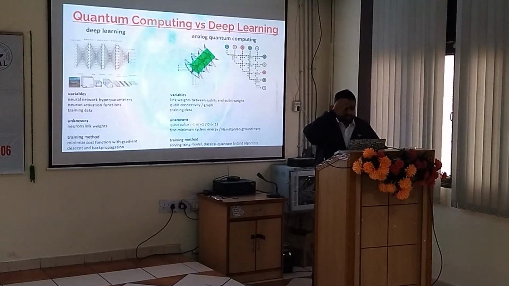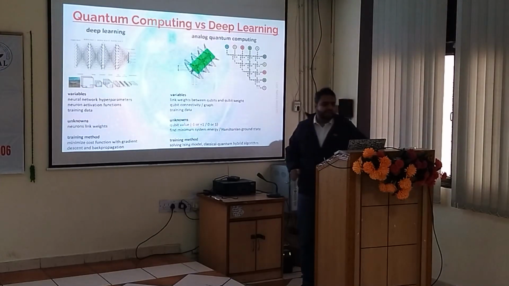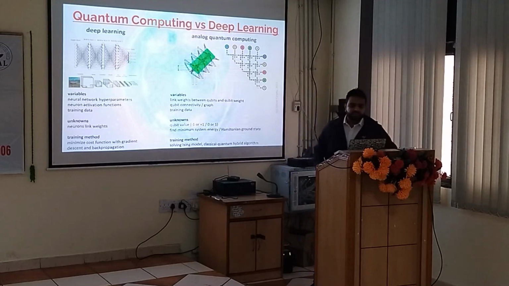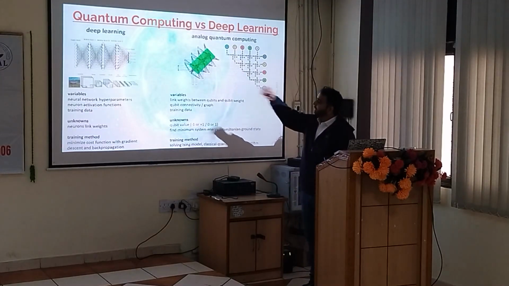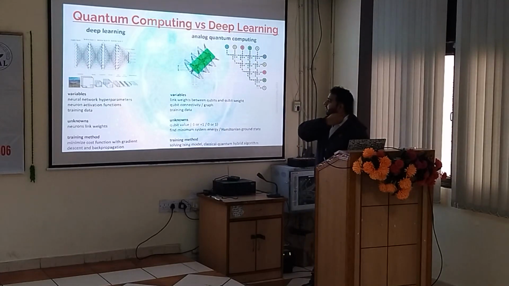Next is just an illustrative diagram showing the difference between quantum computing and deep learning. On the left side we have deep learning, a neural network. We are all familiar with neural network hyperparameters. This is how a circuit is made, how the bits will be confined.